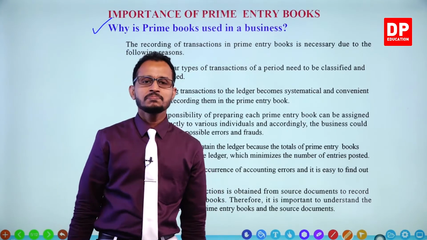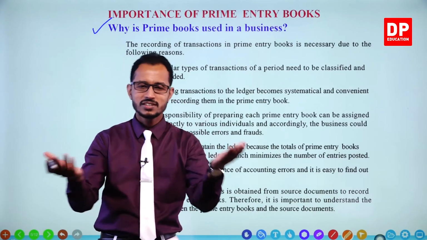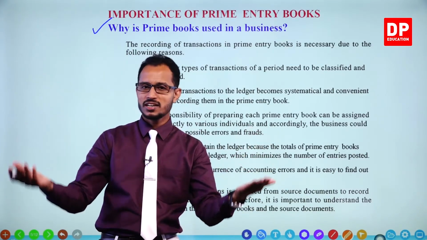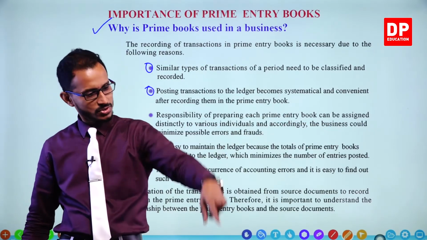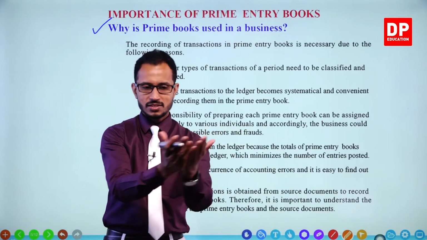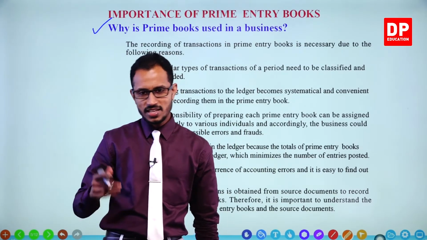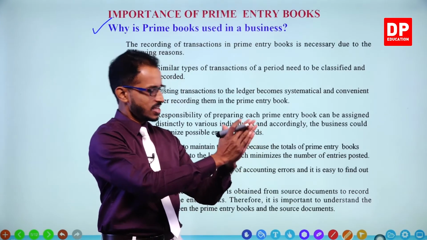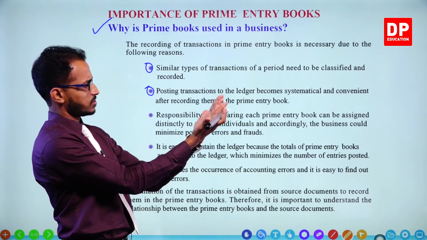At leisure, then he takes the ledger book. Then he goes to the ledger accounts and refers to the prime entry books which he uses in the business, in the shop. Then he looks at the cash book.